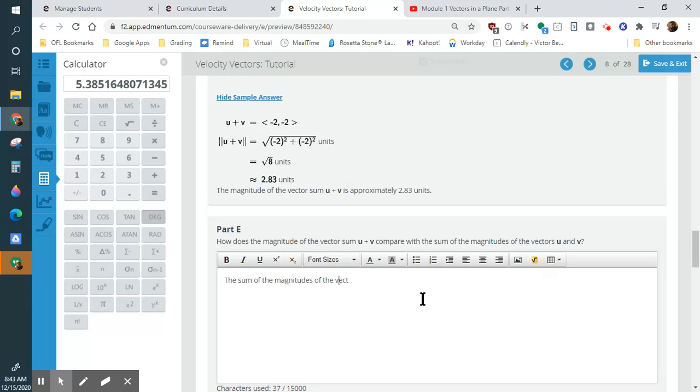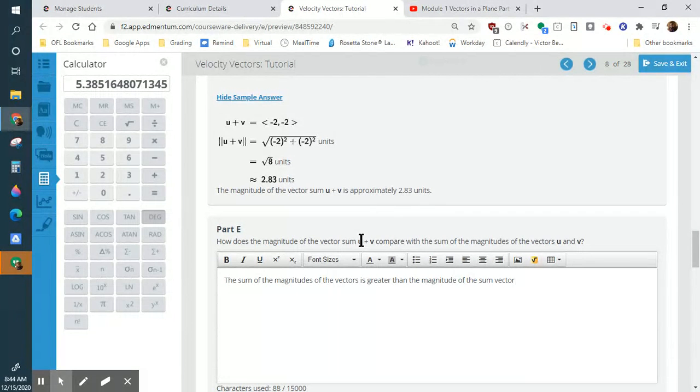The sum of the magnitudes of the vectors is greater than the magnitude of the sum vector.